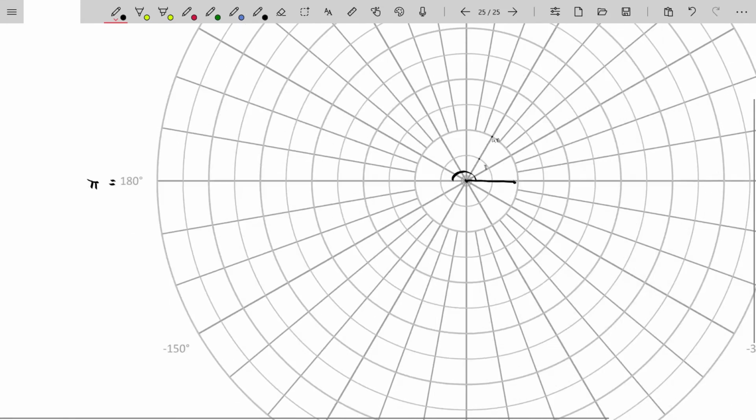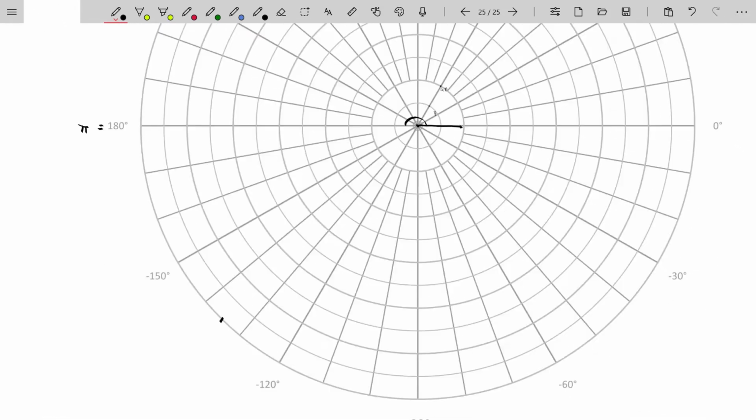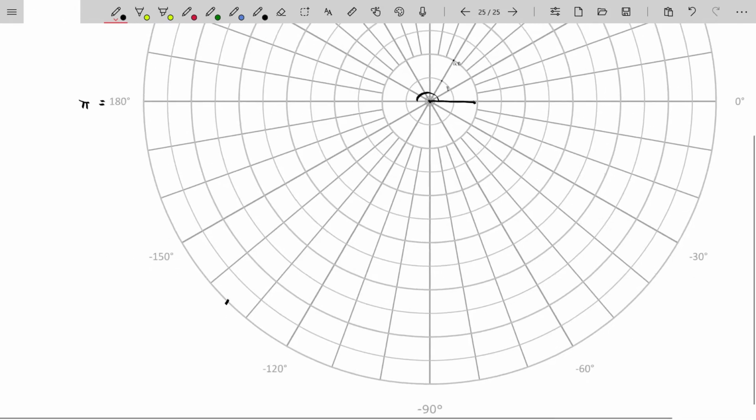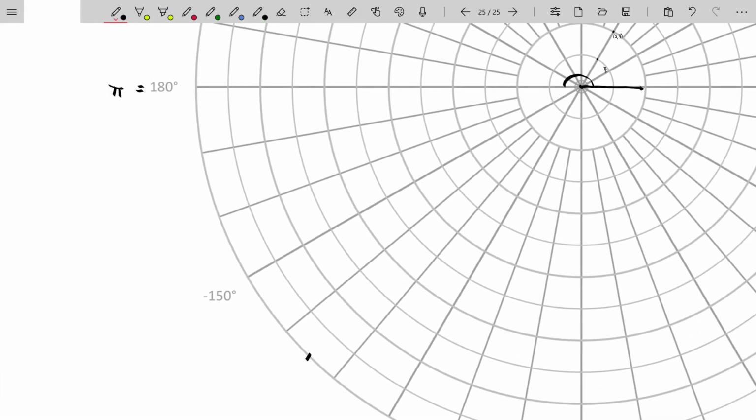5 pi over 4 is actually right there. They don't actually plot it here. And also, I just noticed they actually label angles negative in this direction. Kind of interesting. So if that's 180, this is 190 degrees. This is 200 degrees. This is 210 degrees. This is 220 degrees.